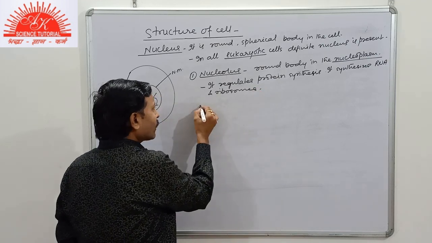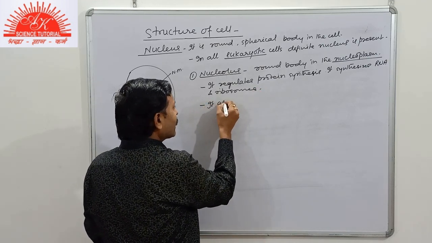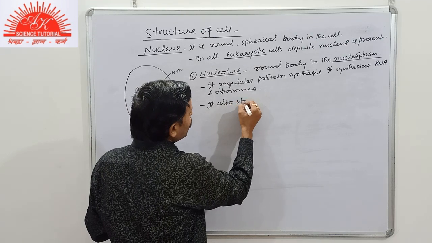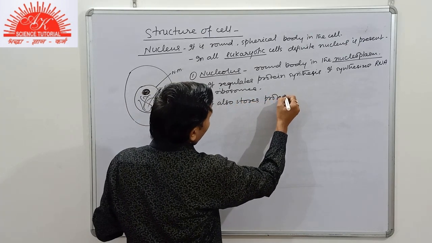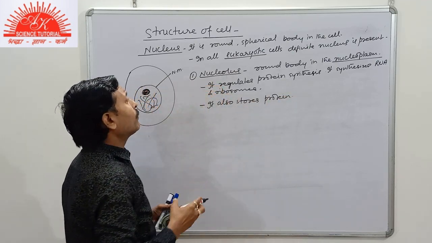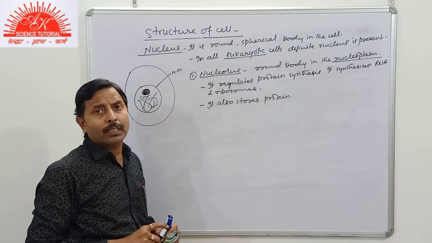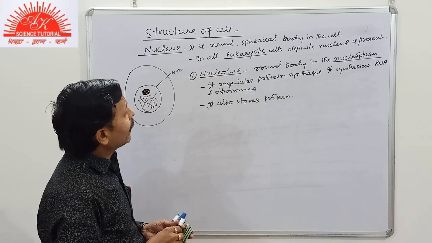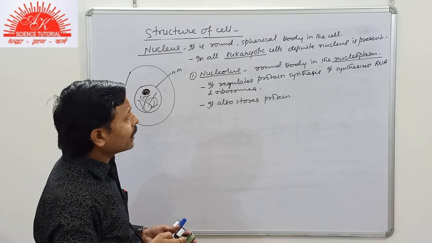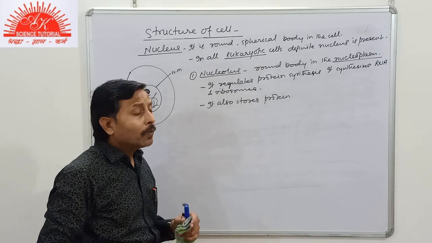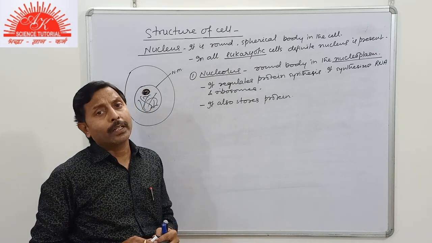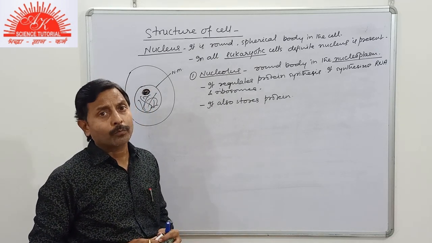Further, it also stores protein. So this is the function of the nucleolus, that is, it helps in regulating protein synthesis by synthesizing RNA and ribosomes, as well as helping in storage of protein.